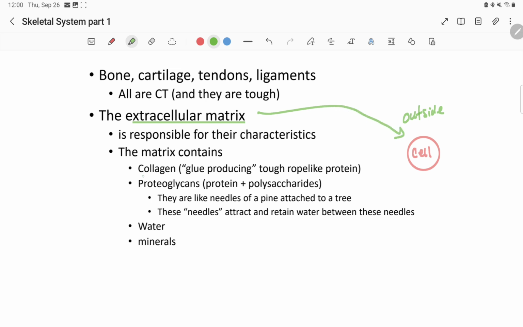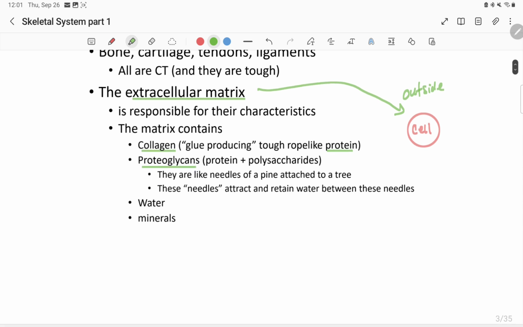The matrix contains collagen. So it's made of proteins, and it also has proteoglycans. And one of their jobs is to attract and retain water. And the matrix also contains water and minerals.